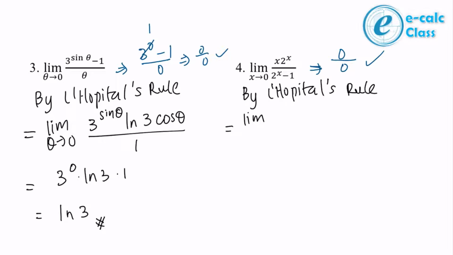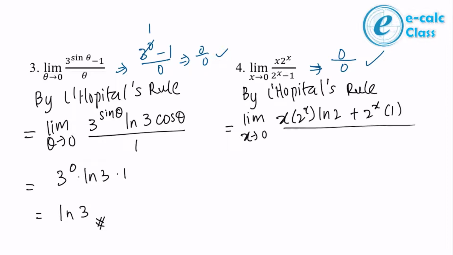Then the limit as x approaches 0 of, okay, this is a product rule if you have learned differentiation, right? And again, this is not base e, so you need to multiply by ln 2 again, plus 2x times 1, over 2x ln 2 minus 0.